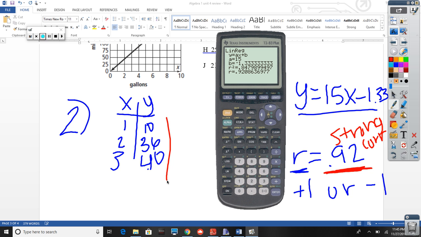This is called the correlation coefficient. So if they ask for a correlation coefficient, all you gotta do is turn on your diagnostics, put your points in stats, and go from there. Do the rest of this stuff and you'll be able to find an equation and your correlation coefficient.